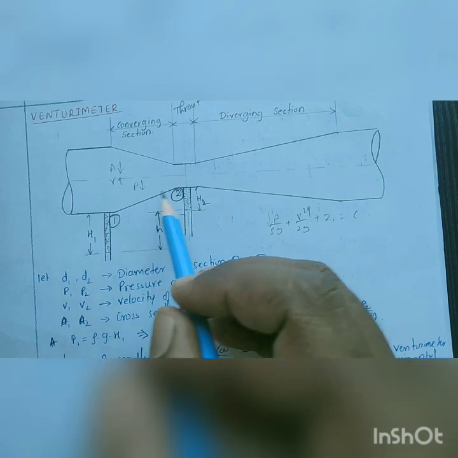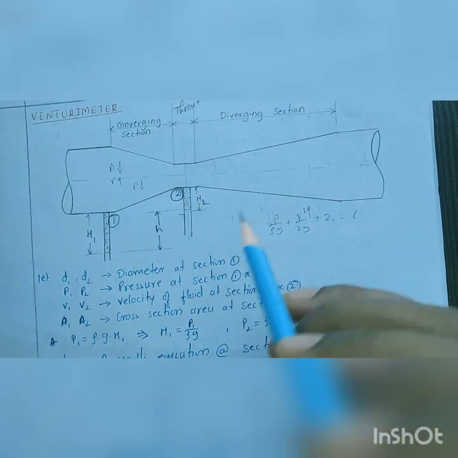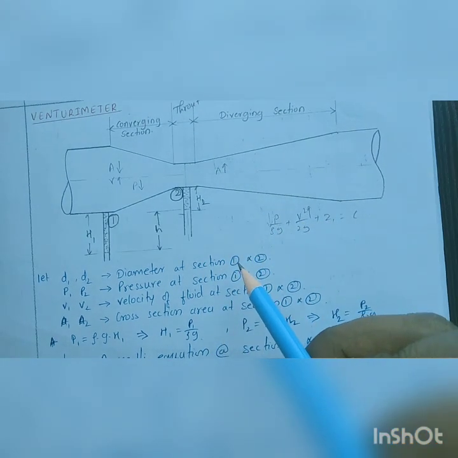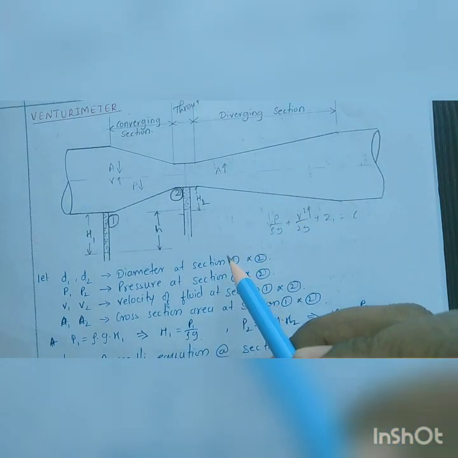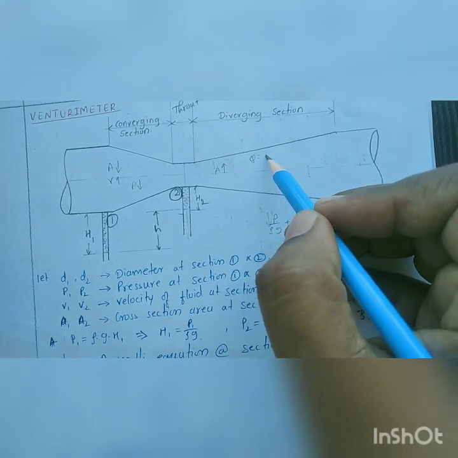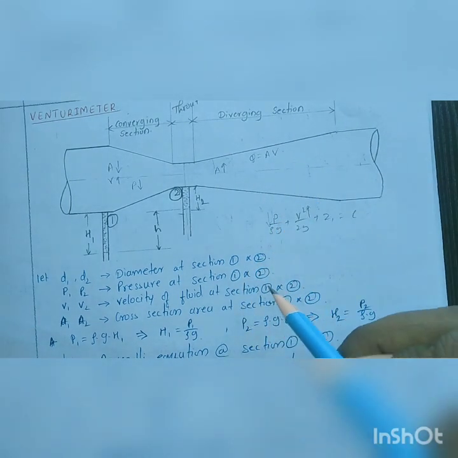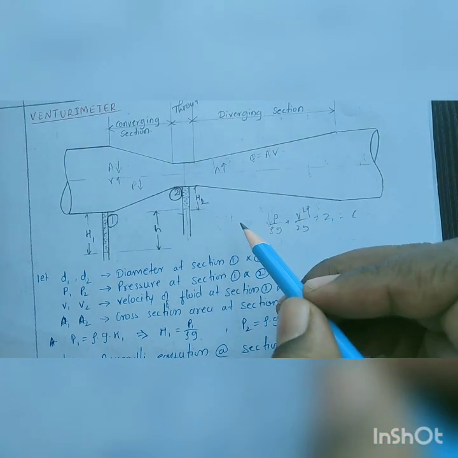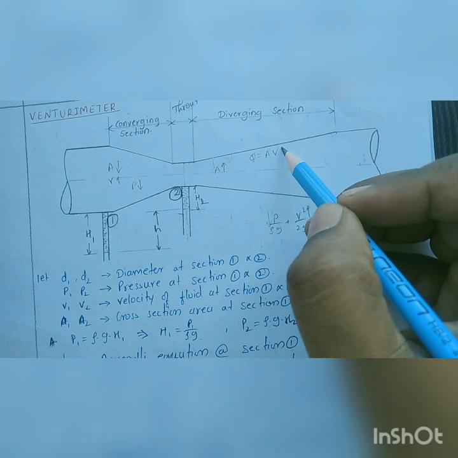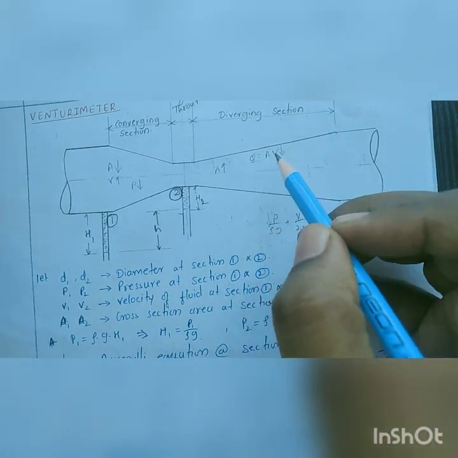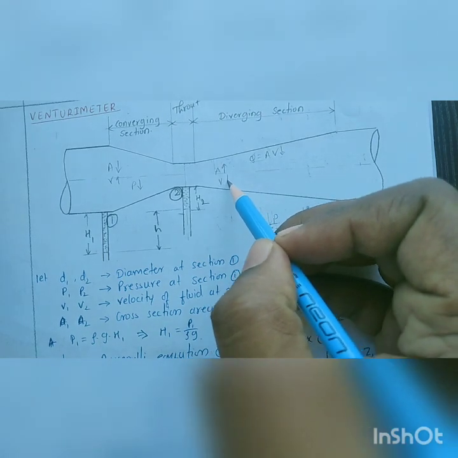Okay, in the divergence section, what is happening to the cross section area? It is increasing. If the cross section area is increasing, Q is equal to AV, so from the continuity equation, velocity has to drop.